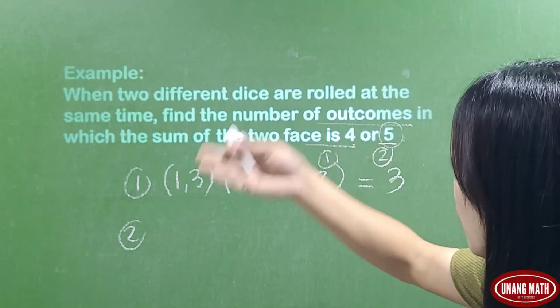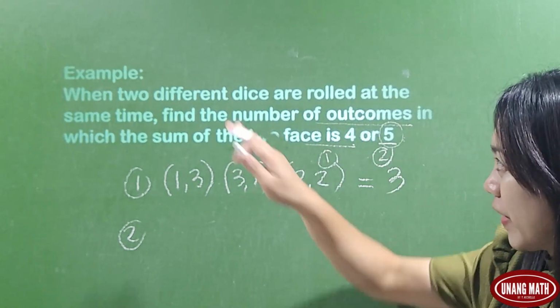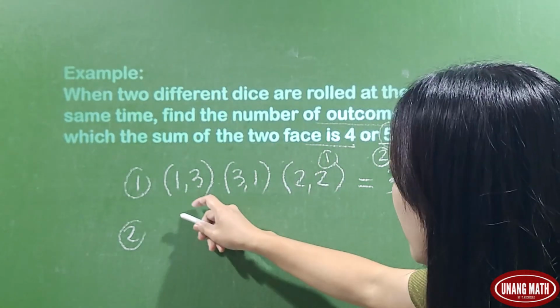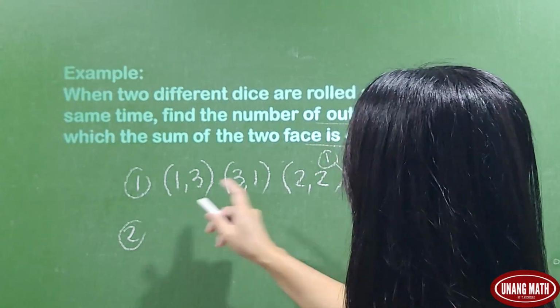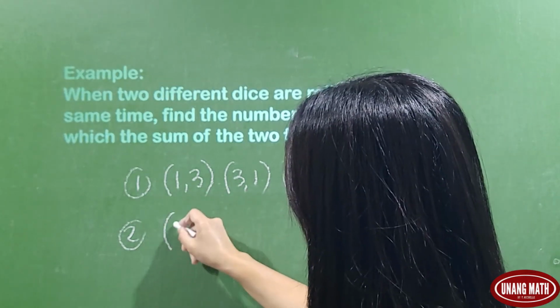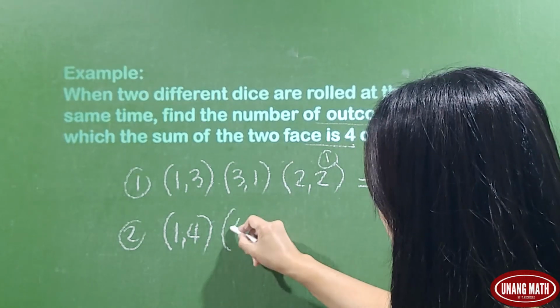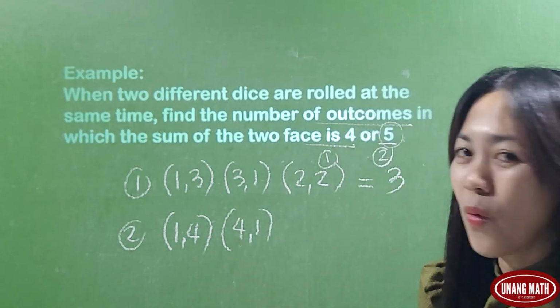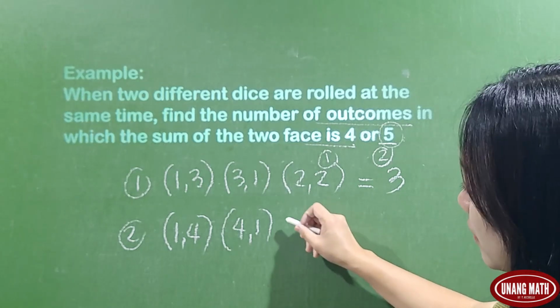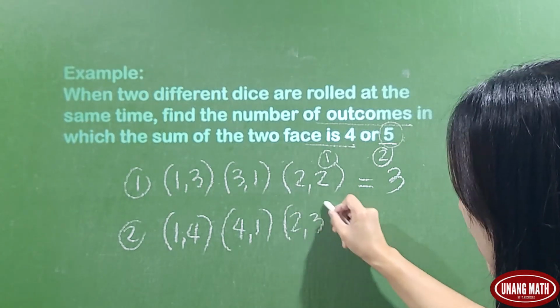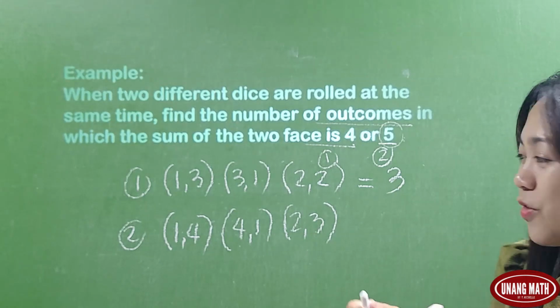So when we roll two different dice, for sum 5 we can have 1 and 4. 1 plus 4 is 5. Also 4 and 1. Okay, what else? 2 and 3 because 2 plus 3 is 5.